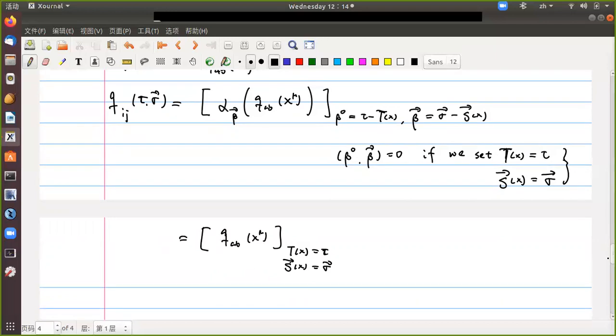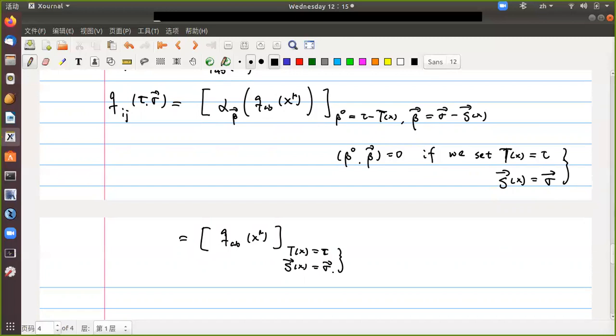And that's really the role of the dust fields. These are the clock and ruler. The clock field T tells you that at that point the time is tau, and your ruler S tells you that at that point x the position is sigma, right? This is exactly the meaning of these two equations.